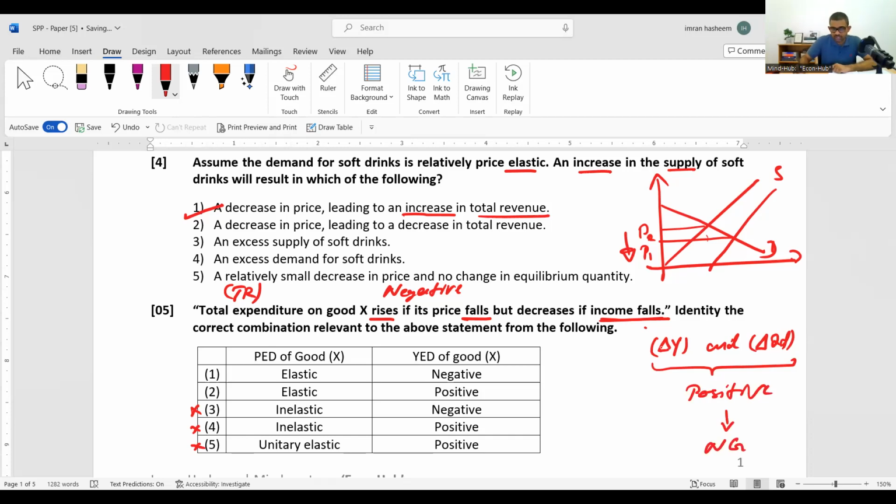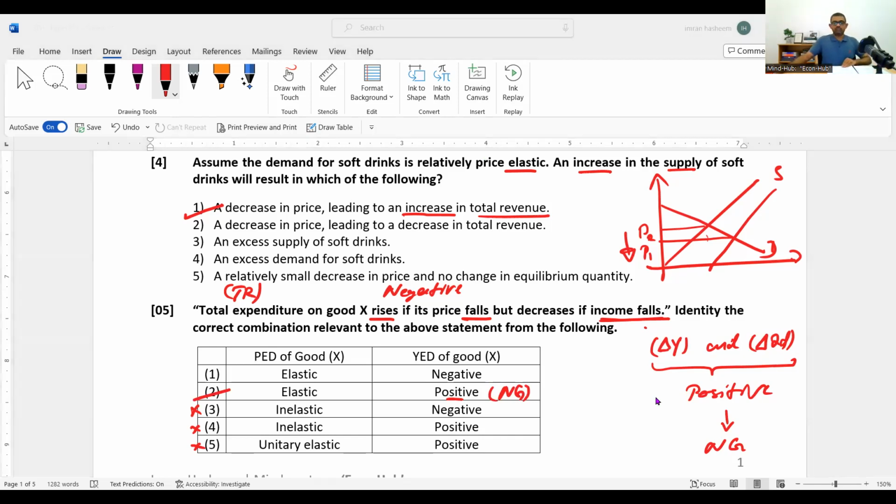What kind of normal good would it be? That depends on the income elasticity of demand, and we can see it's elastic, so most probably a luxury good as well. Anyway, the correct answer should be number 2, normal good.